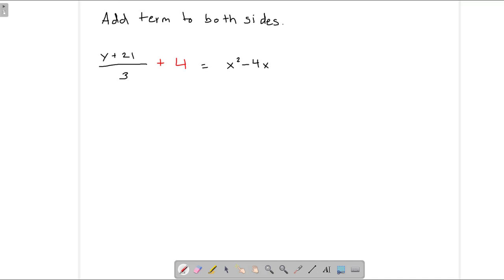And I have to add the 4 to that side too. And so I'll start simplifying this side. Like I like to do here, I like to write it as 2 different fractions, separate it.